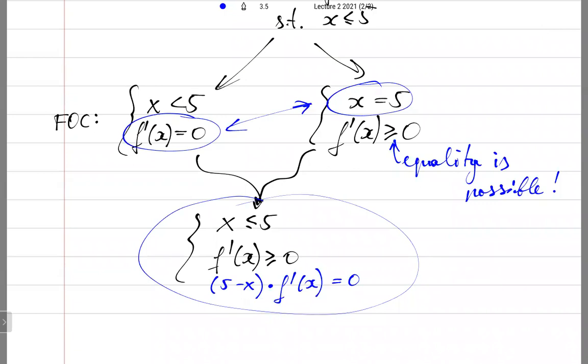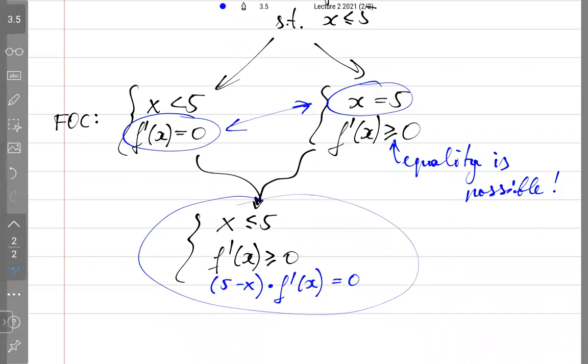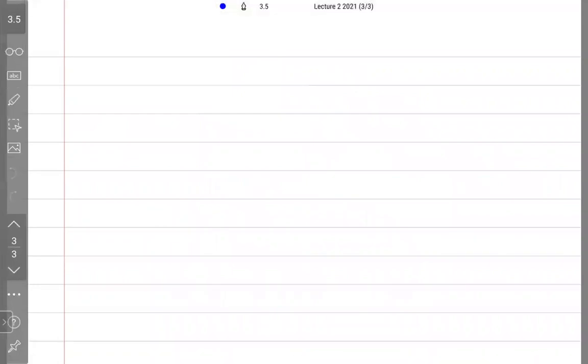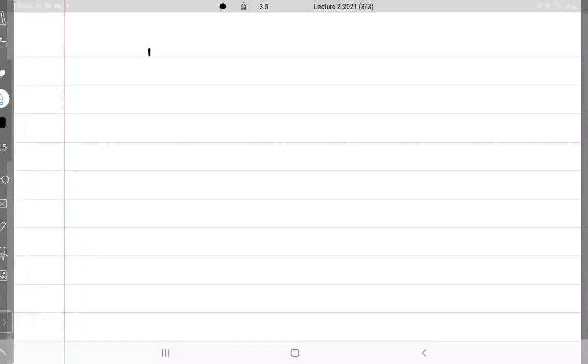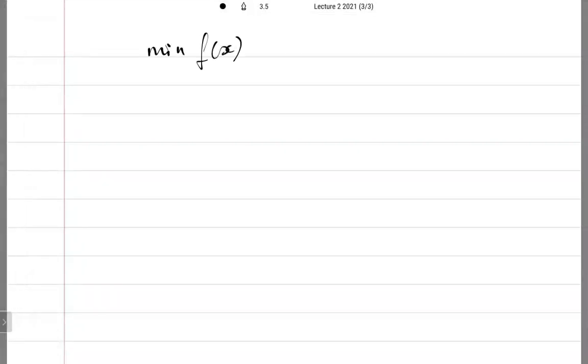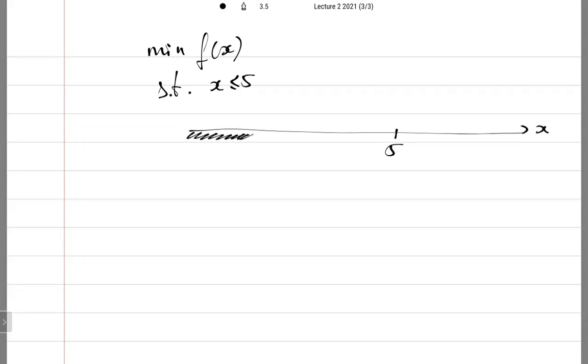Should we change the sign of the inequality in the case of f prime of x if we use minimum? Yeah, exactly. Let's discover the first order condition for minimization. So if we try to minimize f of x, and we have exactly the same condition, x is less or equal to 5, our allowed region is to the left of 5.